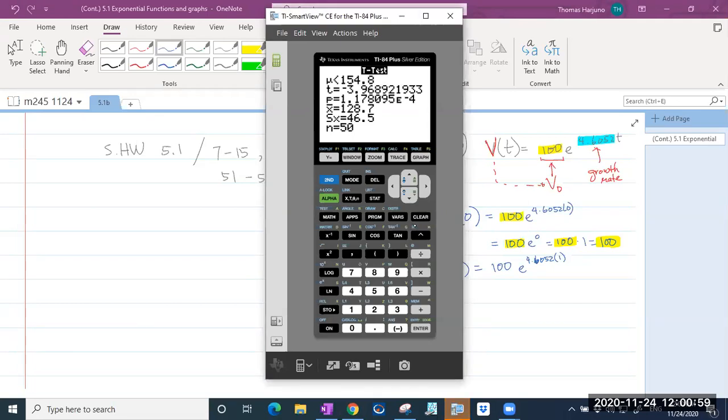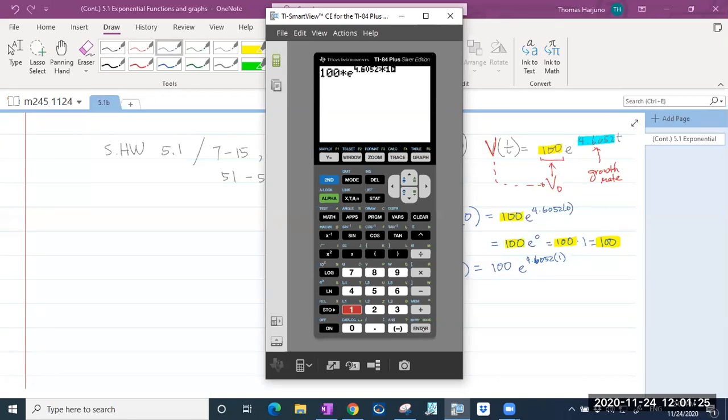So how do we compute that? That would be 100 times. Now look for this E notation on your calculator. Mine is actually here, E to the x, second E to the 4.6052 times 1.